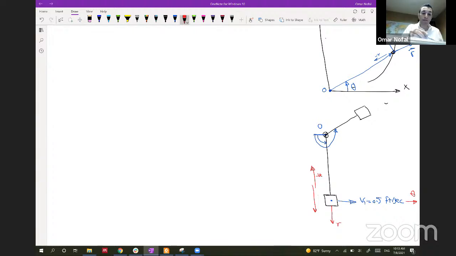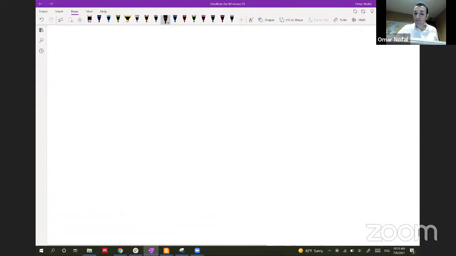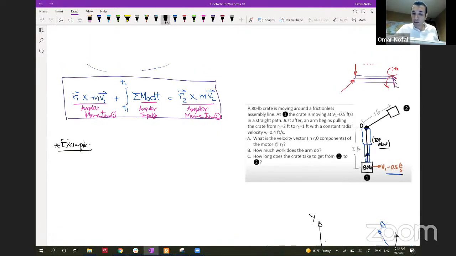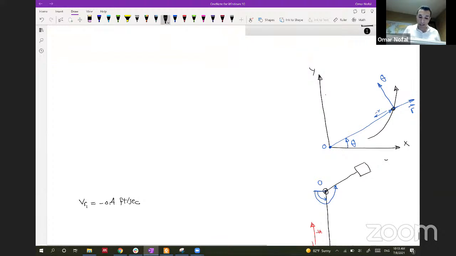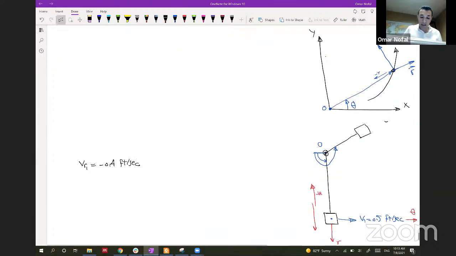So let's put what's given. What is given is that at position 1, VR1 is equal to negative 0.4 feet per second, because the arm is shortened from 2 feet to 1 foot. So this will be negative 0.4. For theta, V theta at 1 is equal to 0.5, positive, feet per second.